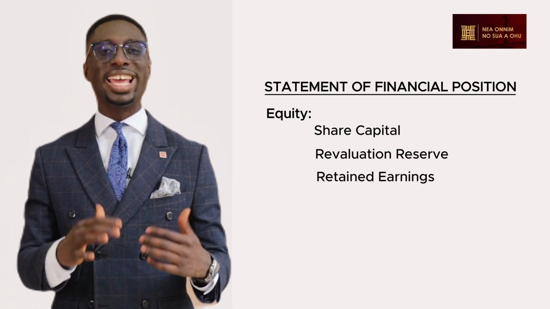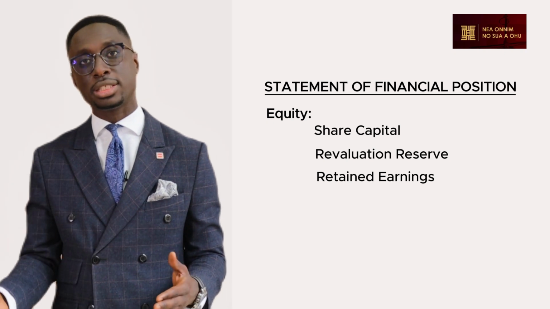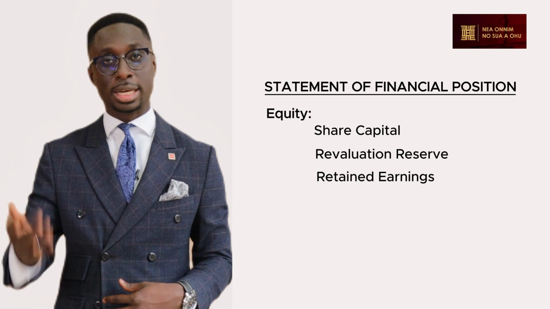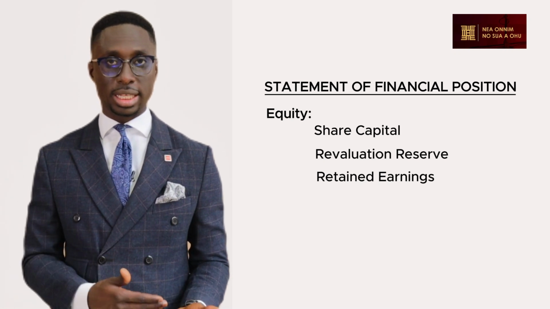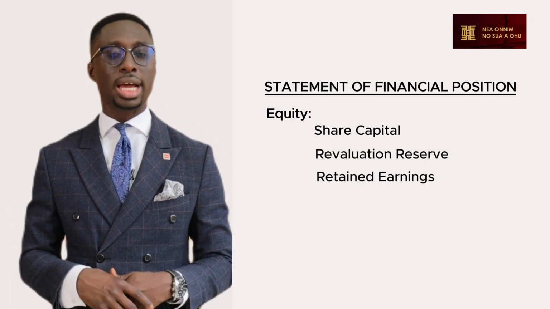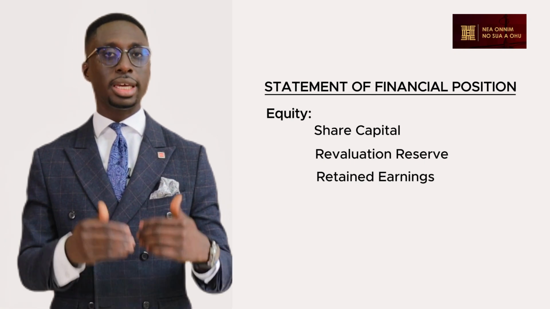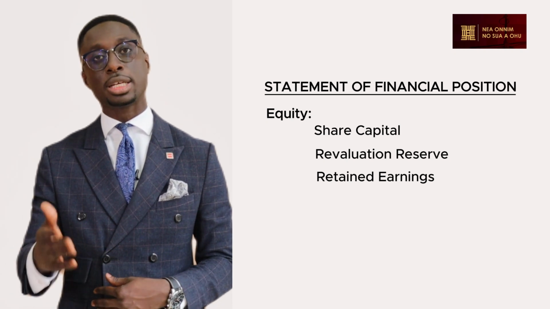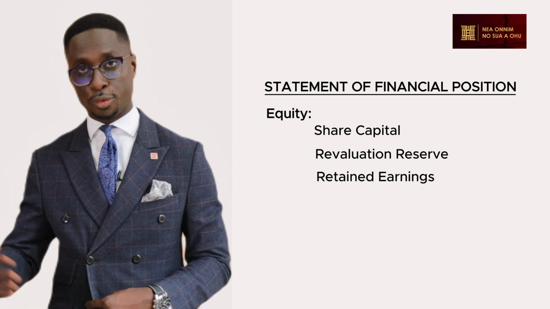Now let's look at retained earnings. Retained earnings is the account used to hold the accumulation of profits or losses over the various years of operations of the business. The retained earnings account, which others call the income surplus account, is the account used to hold accumulated profits or losses of the business over its years of operation.